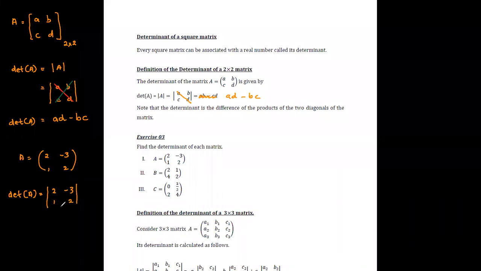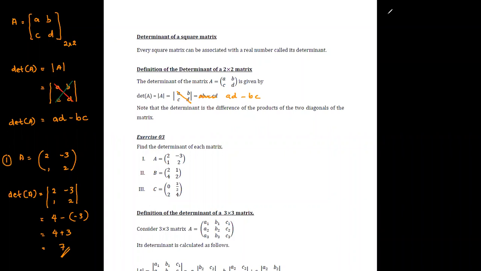You get the difference of the products of the diagonals: 2 times 2 is 4, minus 1 times -3 is -3. 4 minus -3 gives 4 plus 3 equals 7. Therefore, the determinant of matrix A is equal to 7.